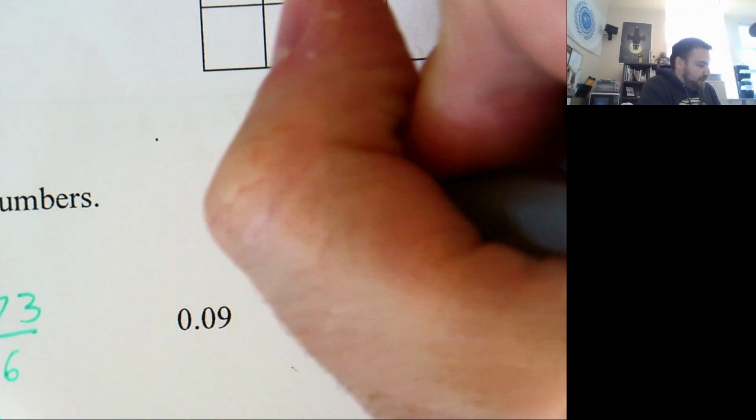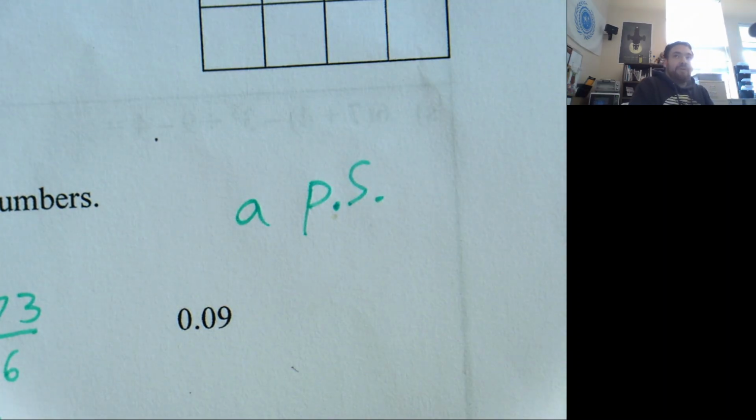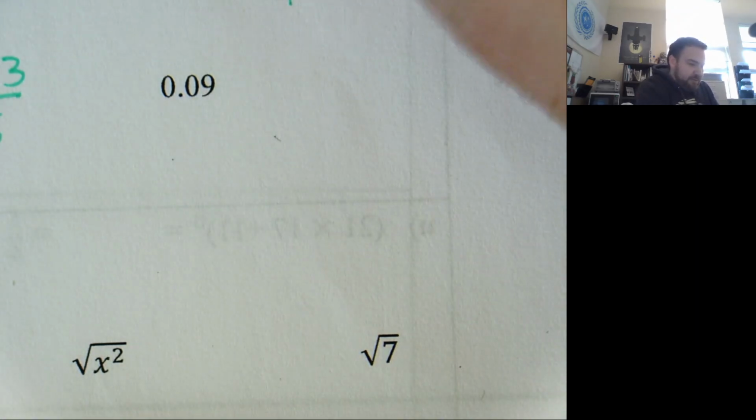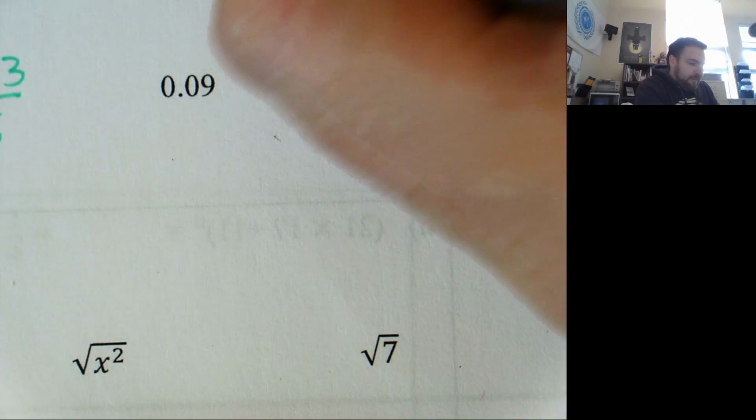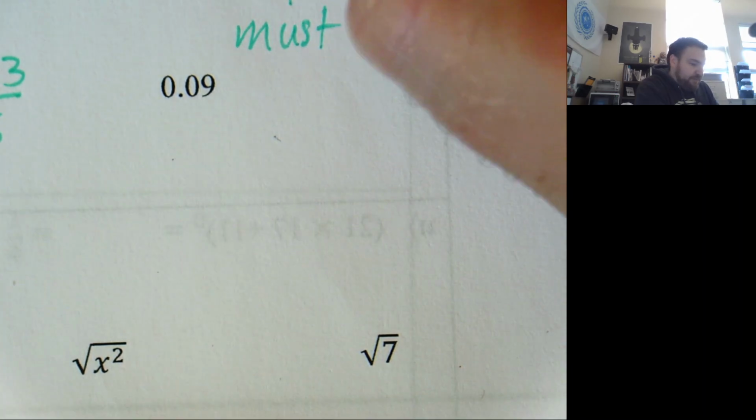Okay? So, a perfect square, I'm now abbreviating, a PS decimal must have two things.